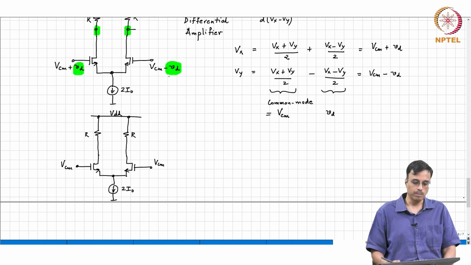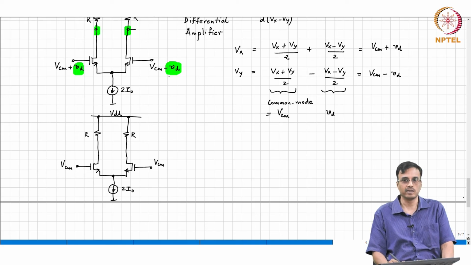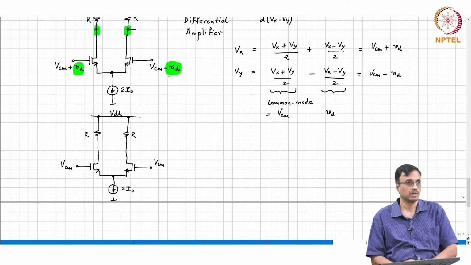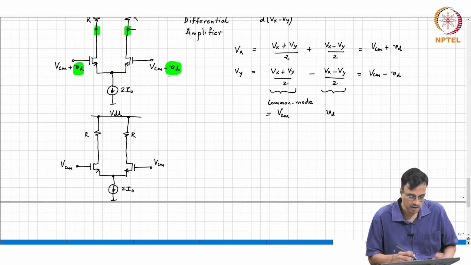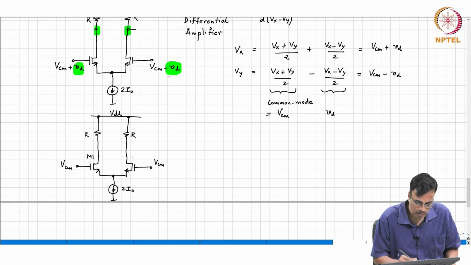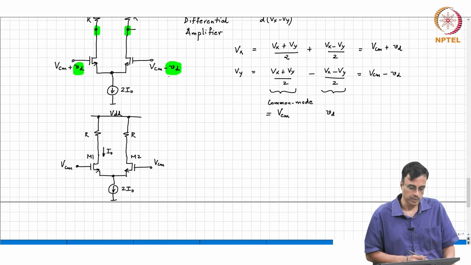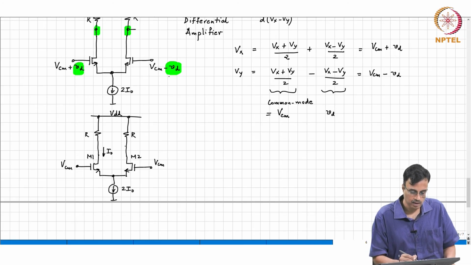So, to find the operating point, what is the first thing that strikes you when you look at this circuit? It is symmetric, right. So, what will be the current flowing through M1? The current flowing here is I naught. So, what is the quiescent voltage at the drains?